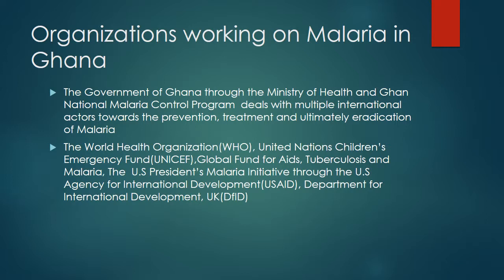The World Health Organization, WHO, the United Nations Children's Emergency Fund, UNICEF, the Global Fund to Fight AIDS, Tuberculosis, and Malaria, the US President's Malaria Initiative through the US Agency for International Development, USAID, and the Department for International Development, UK, DFID, are among the notable ones.